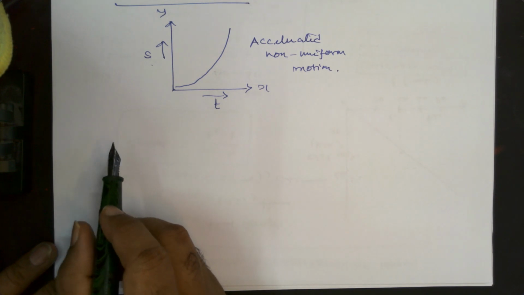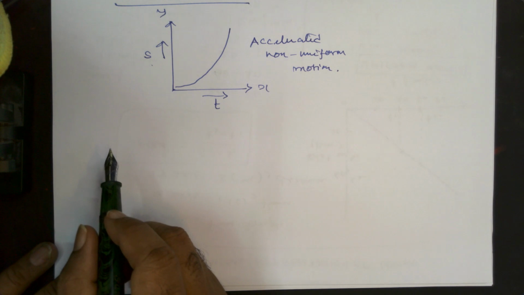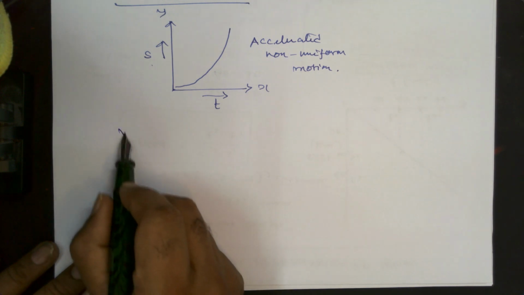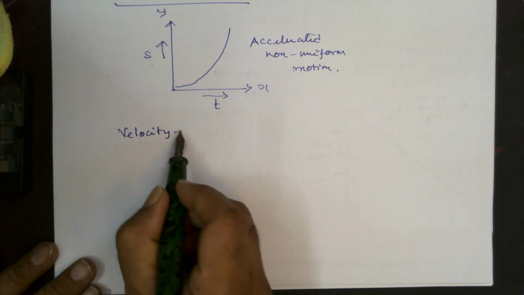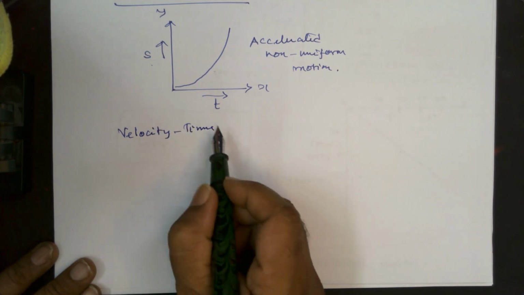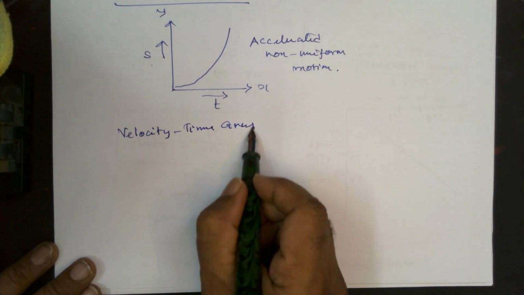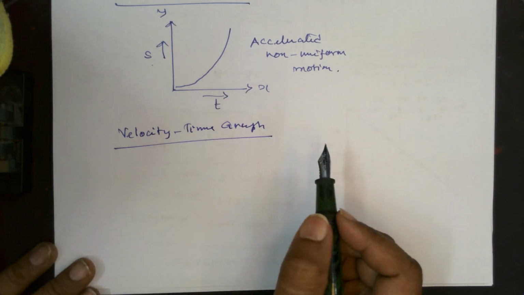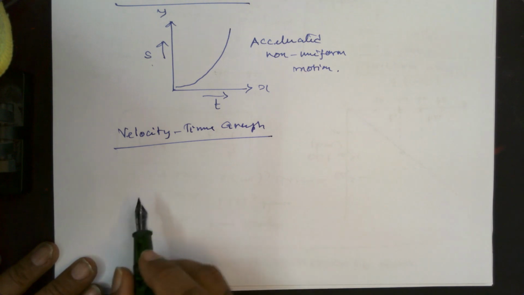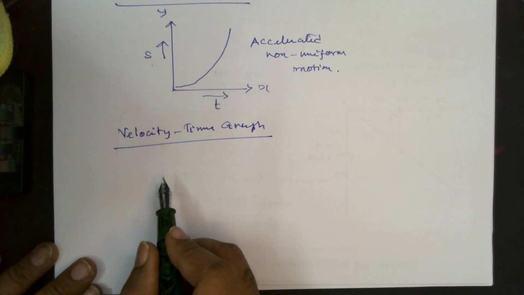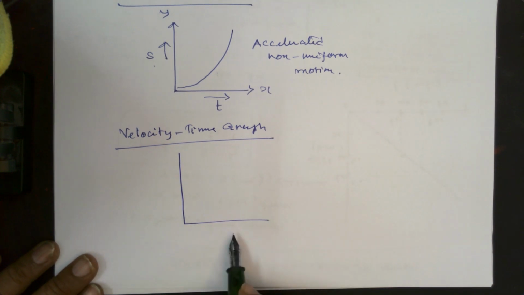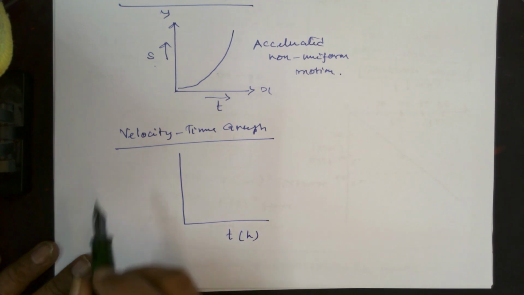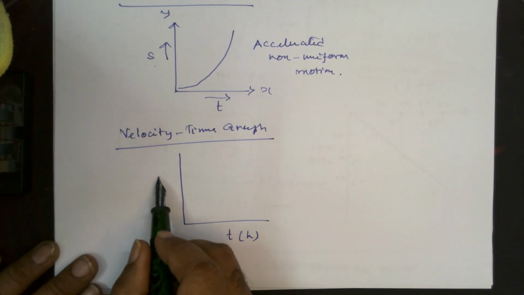Now let us study the velocity time graph. Here, let us consider the x-axis, y-axis. In x-axis, as usual, you can put time, but in hour. And what about velocity?